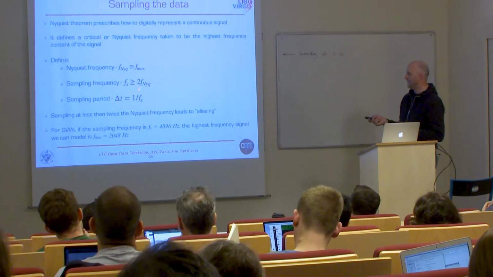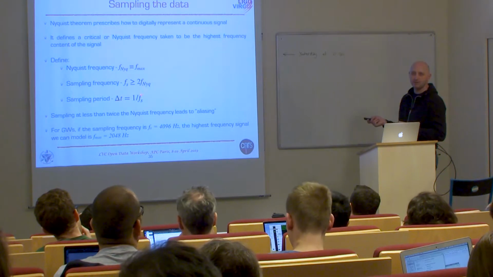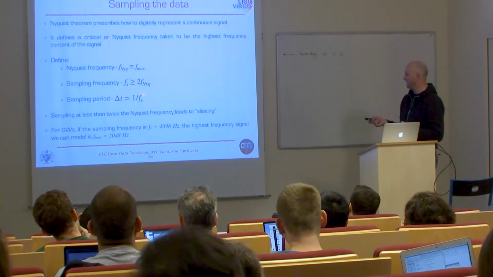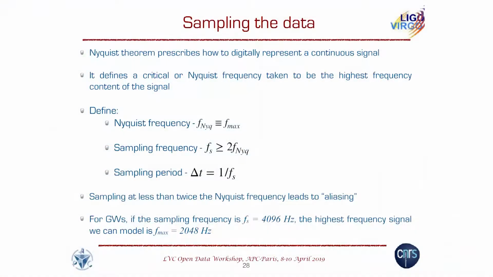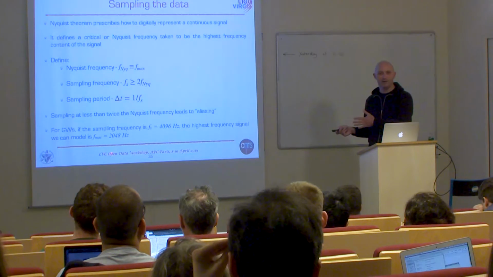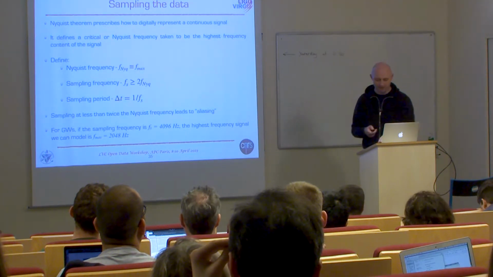If I sample at less than twice the Nyquist frequency, then I get aliasing. So this means that if you take a LIGO Virgo data set, and it's sampled at 4096 hertz, it means that the highest frequency component of a signal that I can actually resolve is 2048 hertz. If you want to go for a signal higher than that, you need to use the full 16 kilohertz data set.